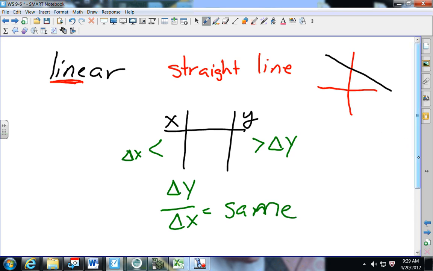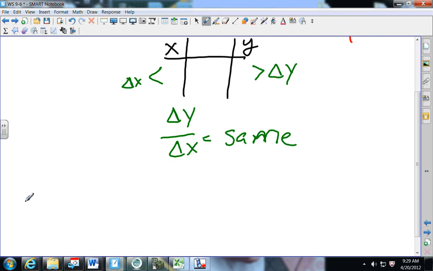The next thing we did on that day is we went to find out if it was, whoops, let me write the right word, proportional. What does proportional mean? First, you had to find out if it was linear.